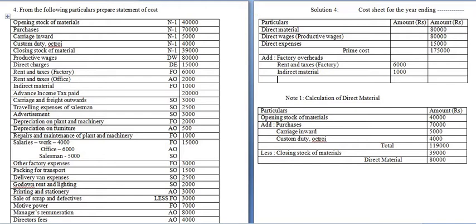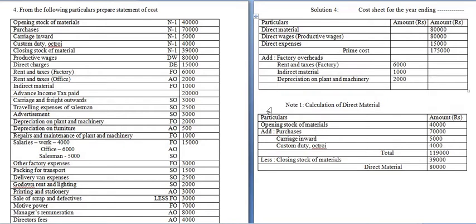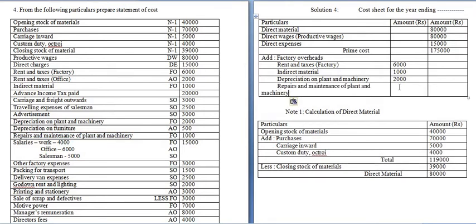Now next, depreciation on plant and machinery is 2,000, inner column. Next, repairs and maintenance of plant and machinery. Amount is 2,000.